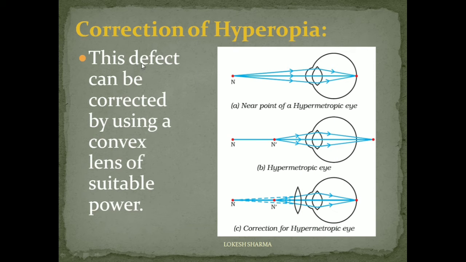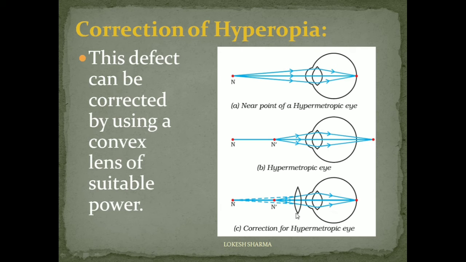So, correction of hypermetropia. This defect can be corrected by using a convex lens of suitable power. Now this N is the near point of the hypermetropic eye, which is farther than 25 cm, and when the object is placed at this point, the image is formed on the retina. But when we want to see a nearer object, placed nearer than the point N, the image is formed behind the retina and we are not able to see things clearly.